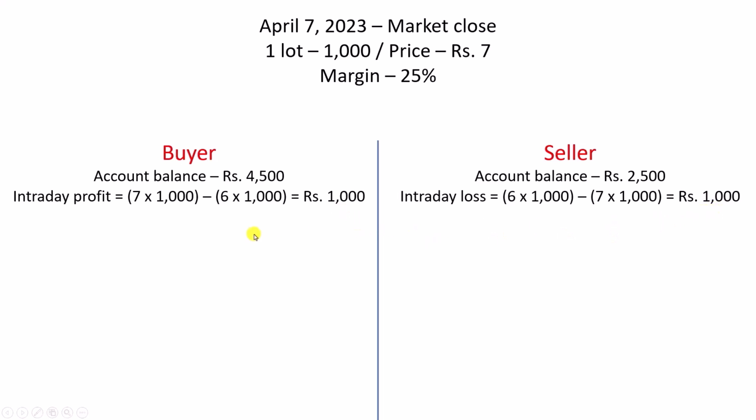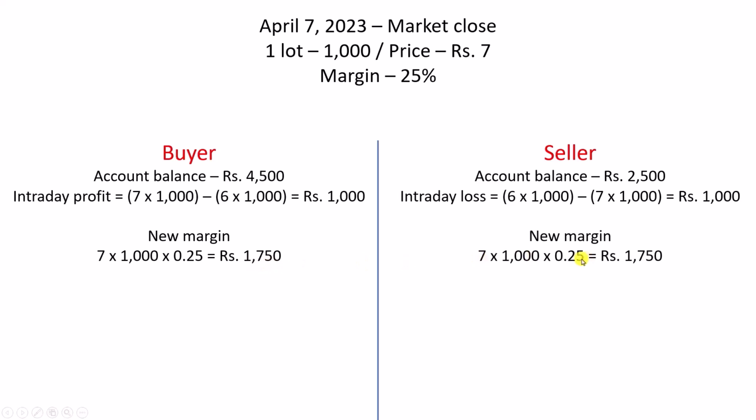Okay. Now the margin requirement is 7 into 1000 into 0.25, which is 1750. Same goes for seller. So this much money must be maintained as margin. So now let us calculate. 4,500 plus 1,000 is 5,500.